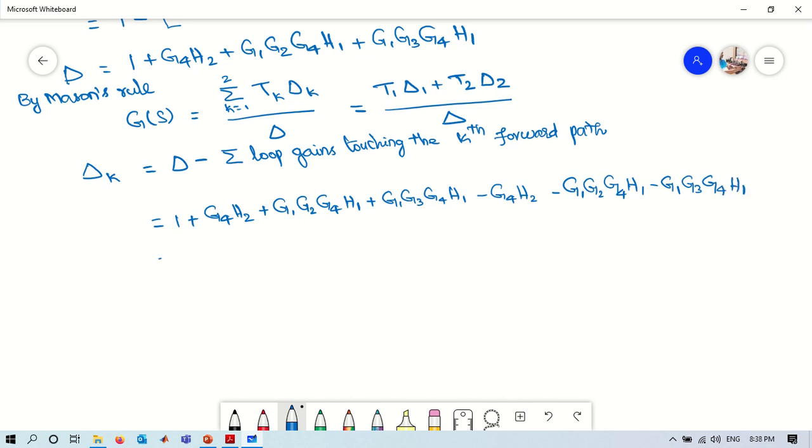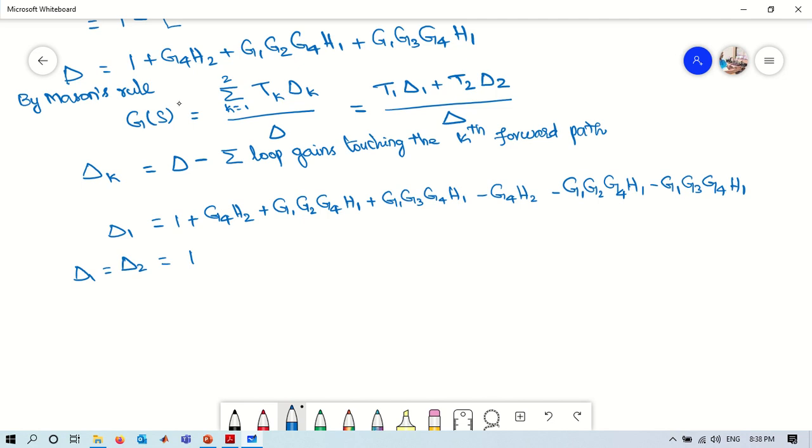So the resultant value of delta 1 is equal to 1, and similarly delta 2. So delta 1 and delta 2 are both equal to 1.